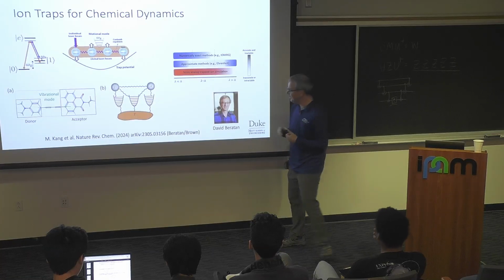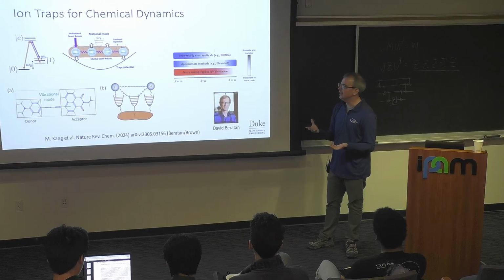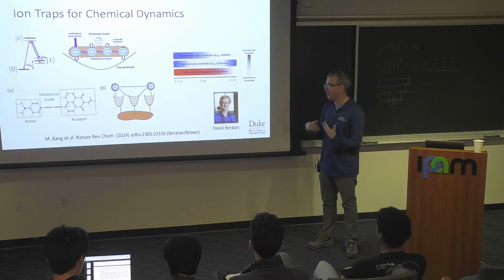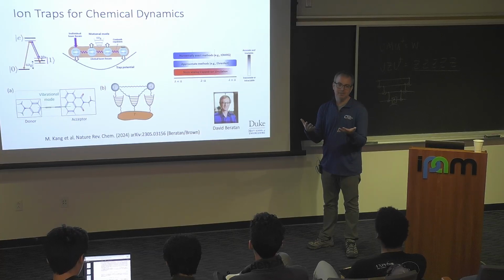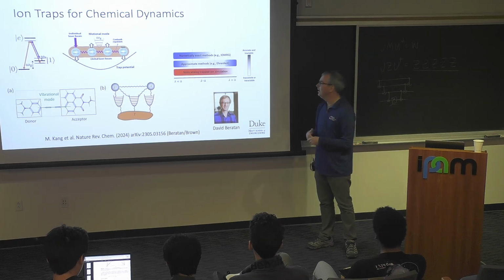So David Beratan is a professor of chemistry at Duke who works on chemical dynamics. So we went to David and we're like, David, we want to try to understand, is there a regime where we can do something with an analog quantum simulator which could beat your methods, not our methods, which would be terrible, but like what you do.